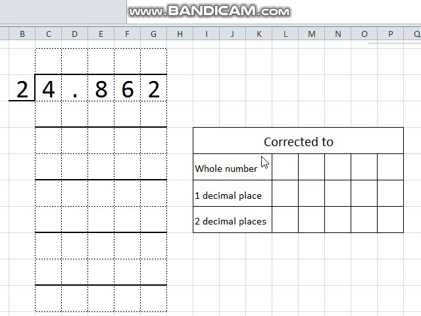Either we correct it to the nearest whole number, or to one decimal place, or to two decimal places. Okay, so when you do this one, you know when to stop. You don't need to continue once you reach the result. Okay, later you can see. I want to show you this one by one.